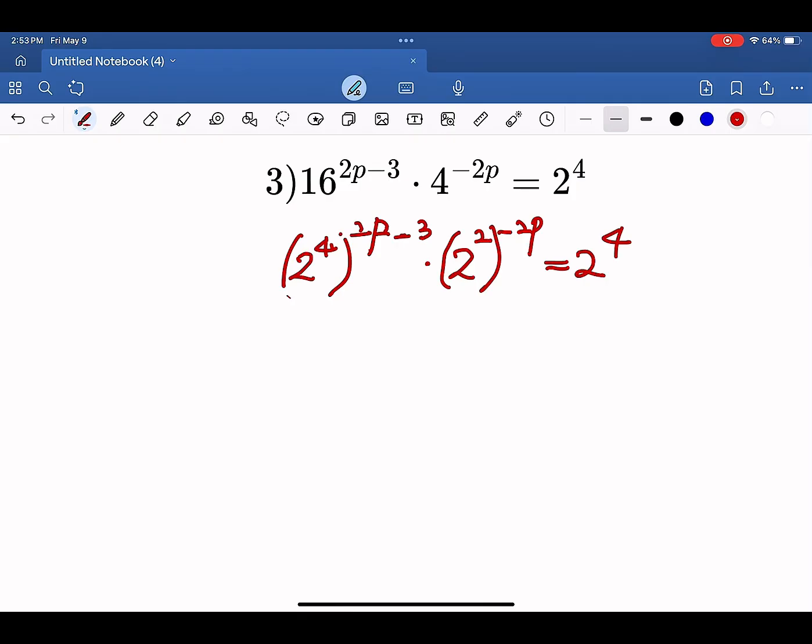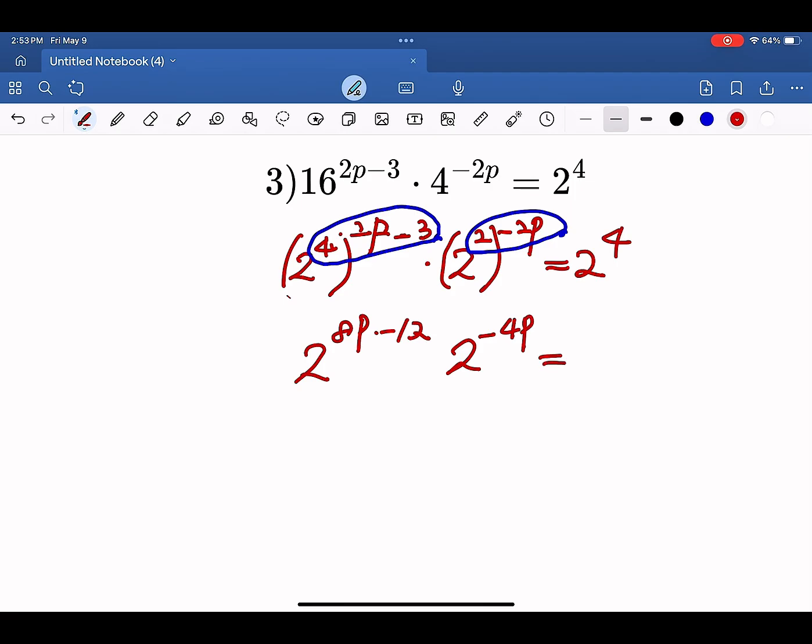Using the exponential rule, you multiply 4 by 2p minus 3. Same thing, 2 times negative 2p. So we're going to rewrite: 2 to the 8p minus 12, 2 to the negative 4p equals 2 to the fourth power.